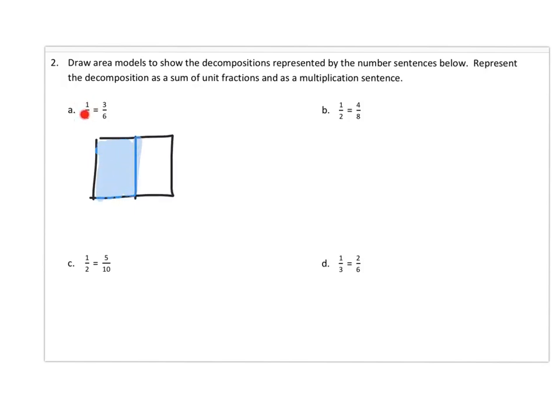And they wrote my fraction. They want us to make it into 6. So that means I've got to cut this into 3 equal rows to make 1, 2, 3 out of 1, 2, 3, 4, 5, 6.